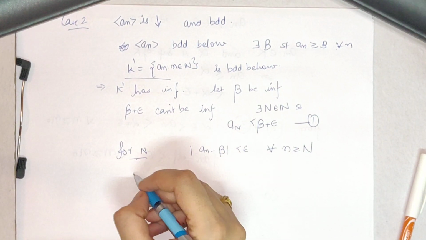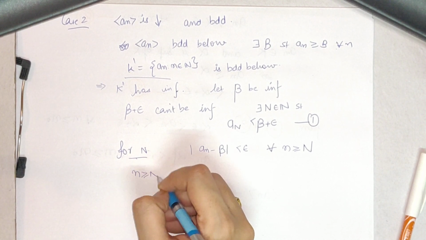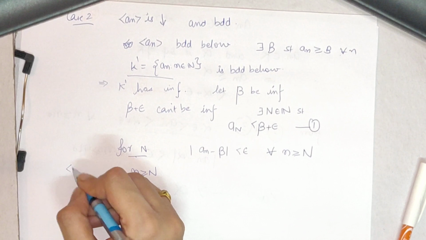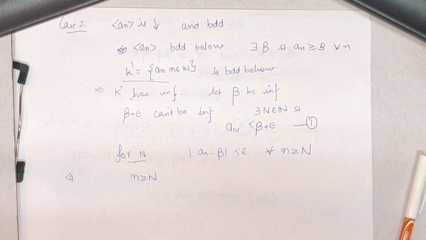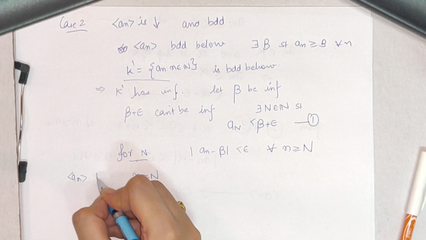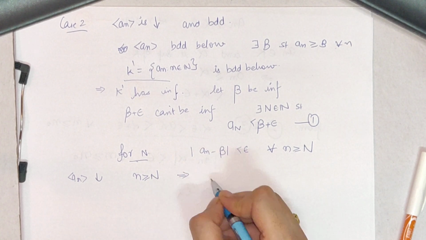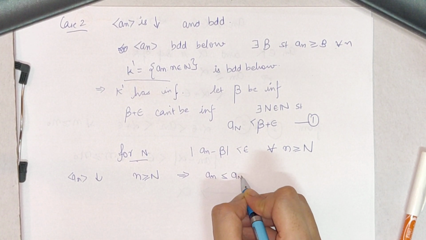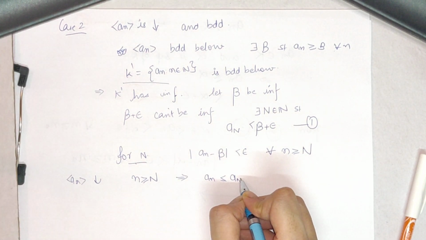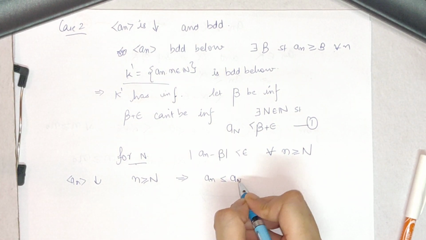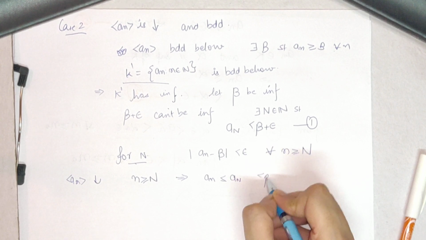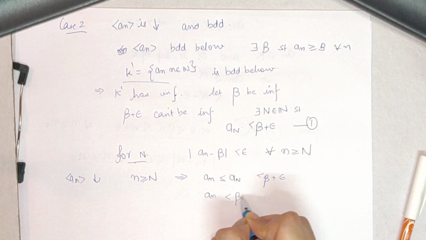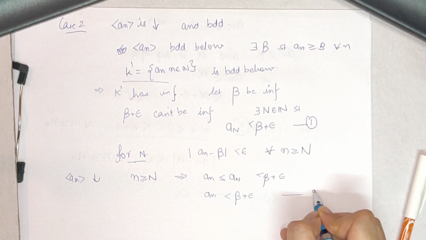Now for n greater than or equal to n, we'll use that sequence an is decreasing, which will give you an is less than or equal to an. This an is less than beta plus epsilon. So we get an is less than beta plus epsilon.